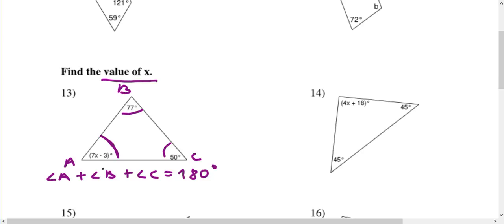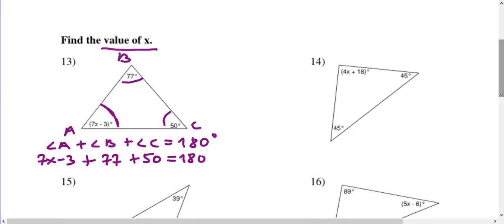So if I substitute, my angle A is 7x minus 3, plus my angle B is 77 degrees, my angle C is 50, and that is equal to 180. And what you see here is that we have an equation, so what you have to do is solve the equation.